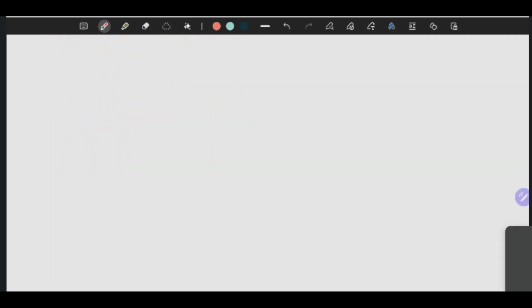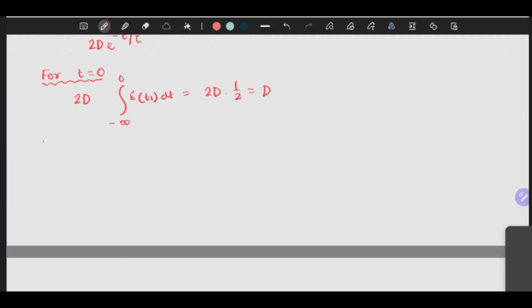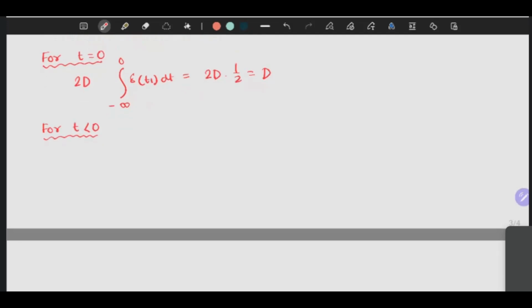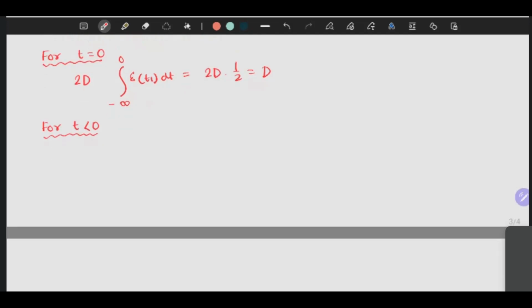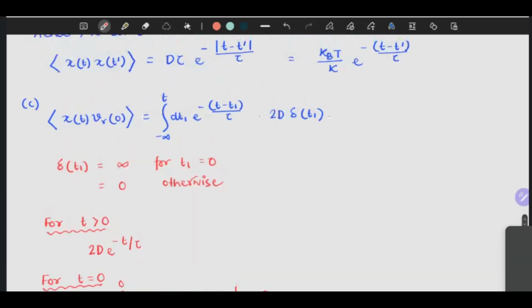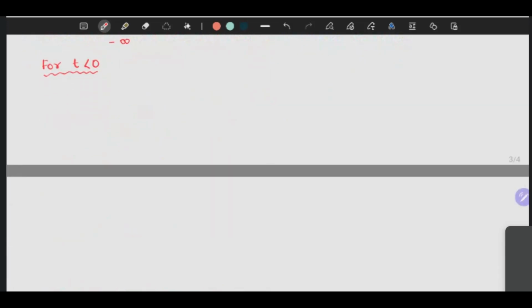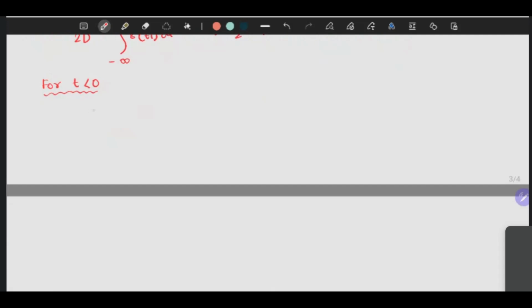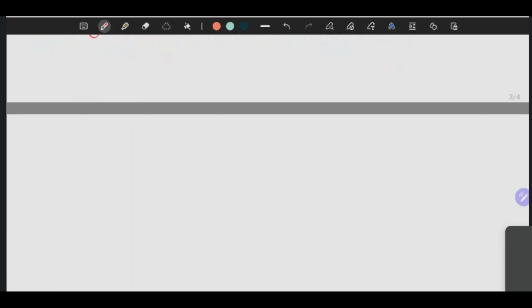And for t less than 0, since it is outside this regime 0 to t, it probably becomes 0. Okay, so that is the case.